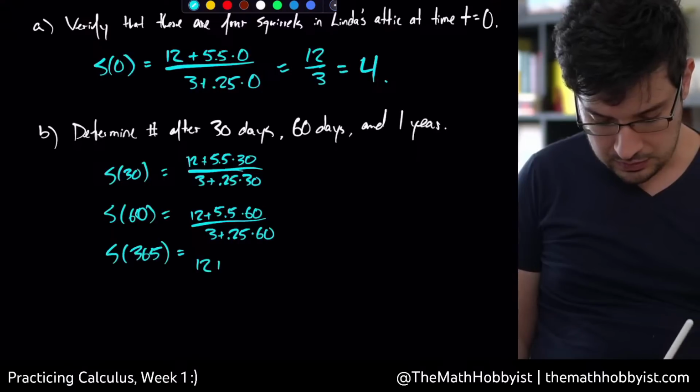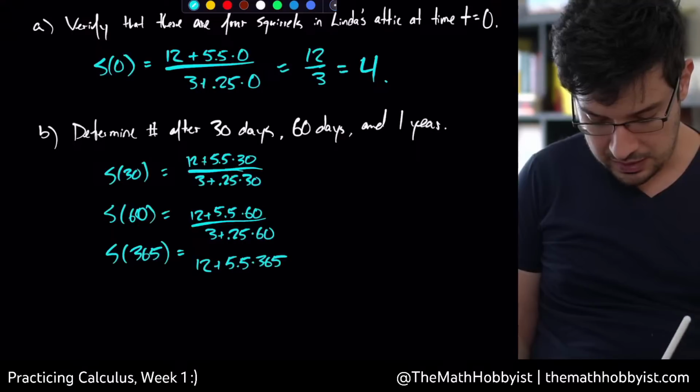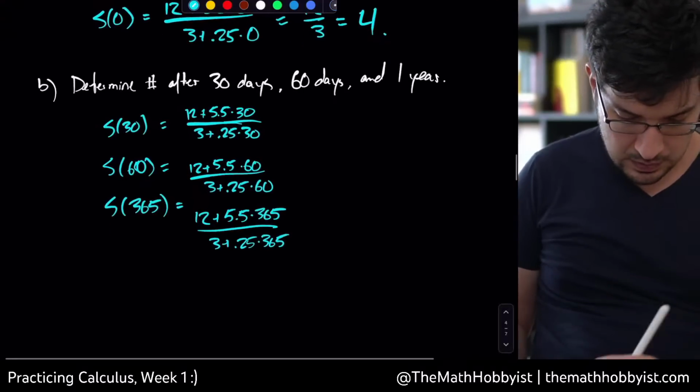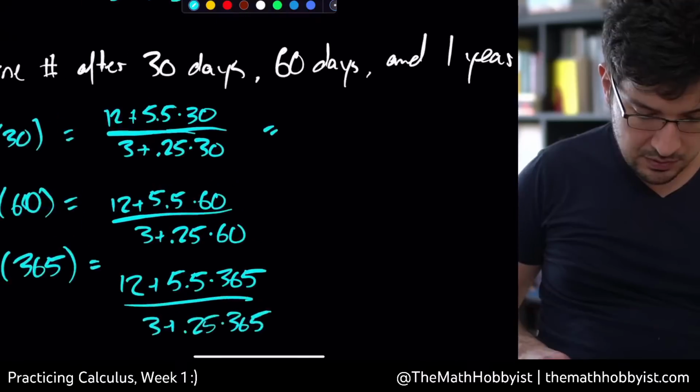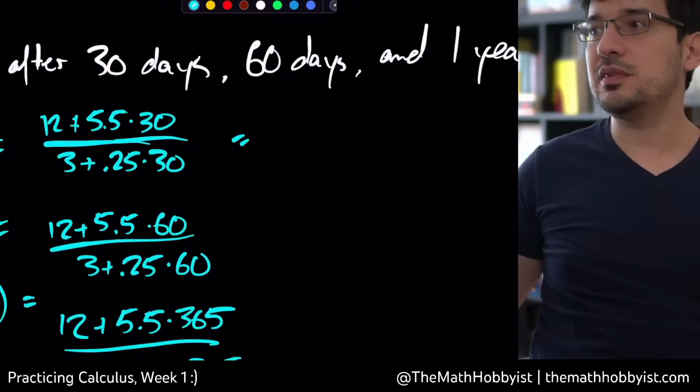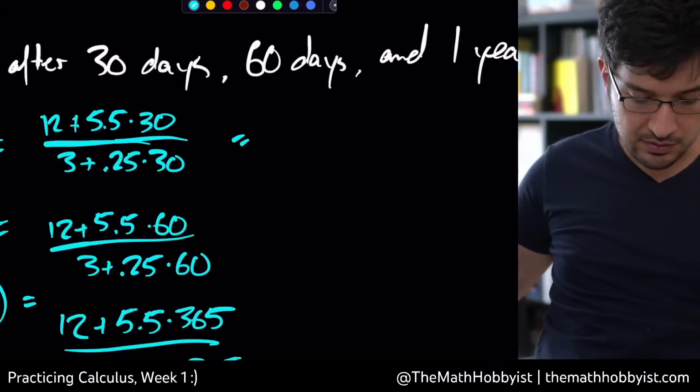And finally, 12 plus 5.5 times 365 over 3 plus a quarter of 365. So we're just going to evaluate those. Let's try to be smart and do these mentally. This is good mental math practice.